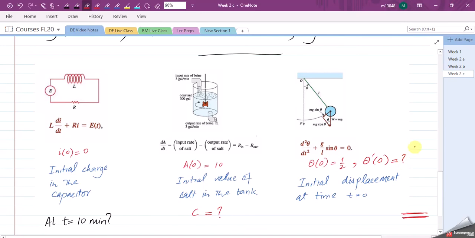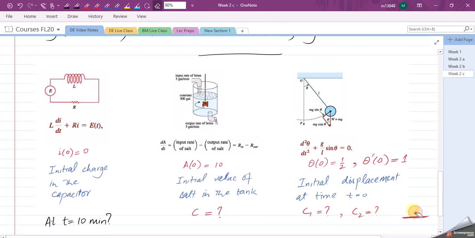I have not written the second one. We need 2 conditions because there will be 2 unknown constants, and we use the 2 conditions to find the 2 constants, C1 and C2.